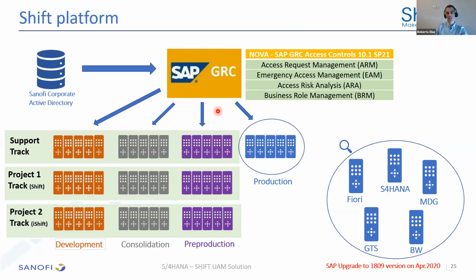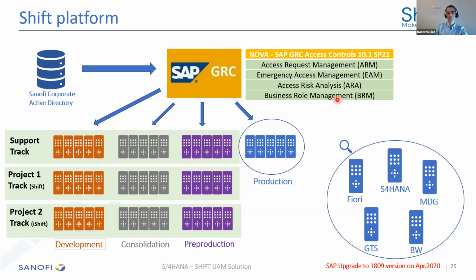We don't have an identity and access management solution, but we are using SAP GRC. All our, let's say, identities are in the Sanofi corporate Active Directory. So all our Sanofi employees and externals are in there. And SAP GRC uses those identities as a user source to provision in our SHIFT platform.